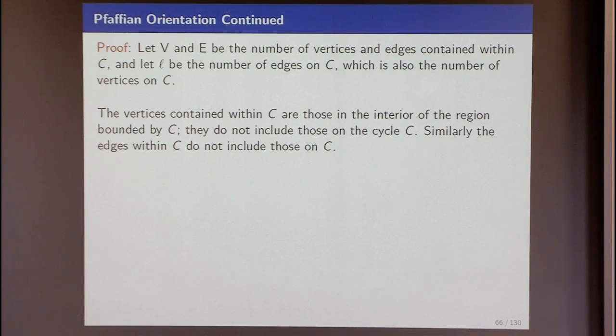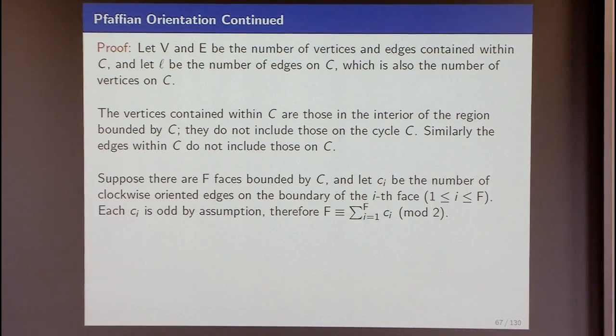As I said, the vertices inside is strictly inside, not on the cycle. Suppose there are F faces, 1, 2, 3, 4, 5, 6, 7, 8. Okay. How many faces are there bounded by the inside of this cycle? And let Ci be the number of clockwise oriented edges on the boundary of each of the faces.